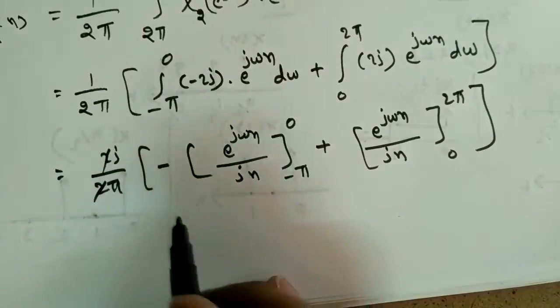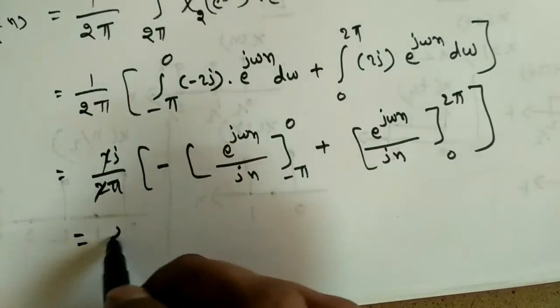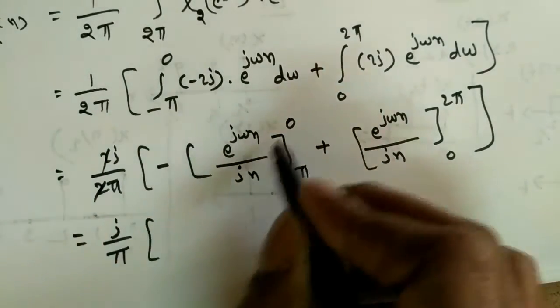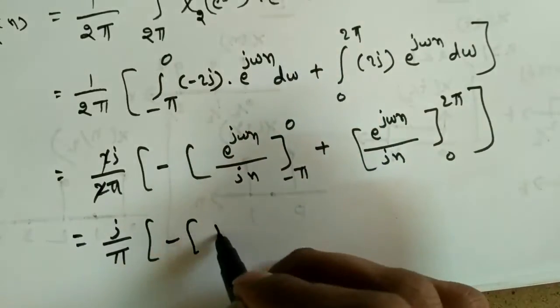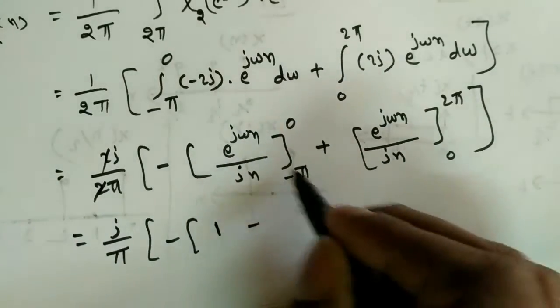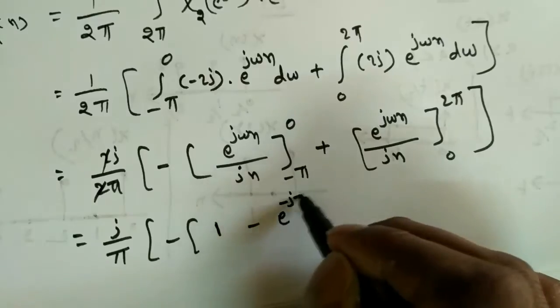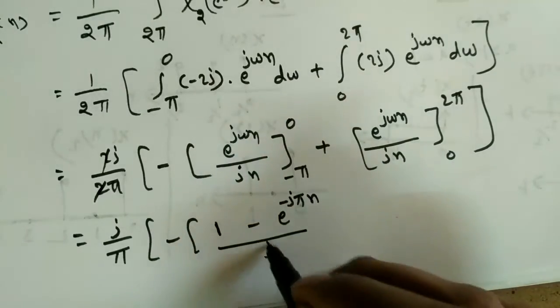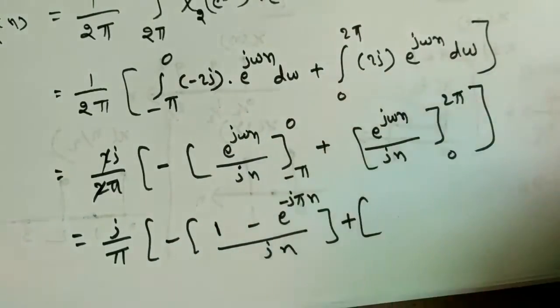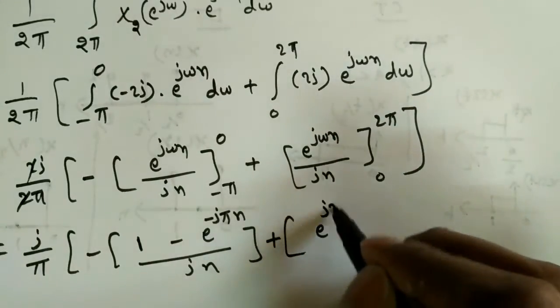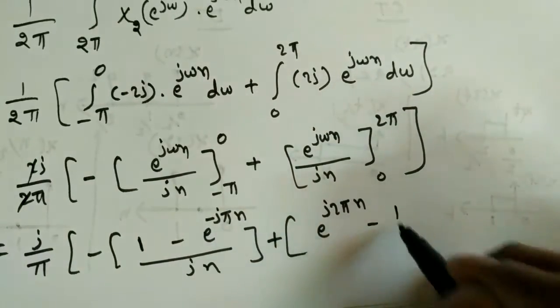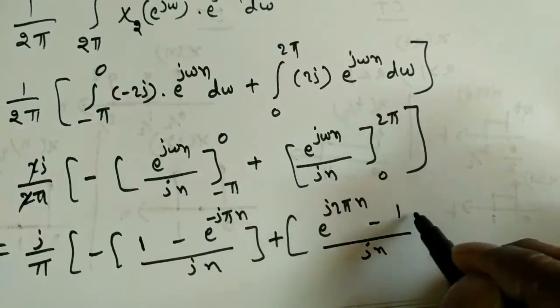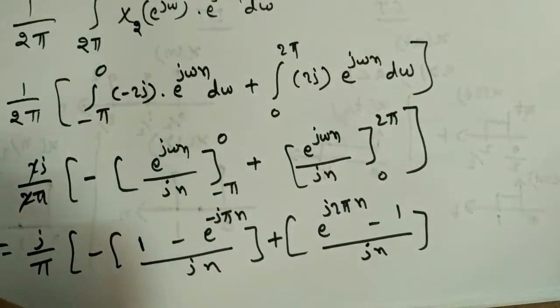So the 2 cancel, and this is j by pi. If I substitute 0, I'll get 1, and minus, if I substitute minus pi, we get e power minus j pi n by j n, plus similarly e power j pi n minus 1 by j n. So this is x2 of n.